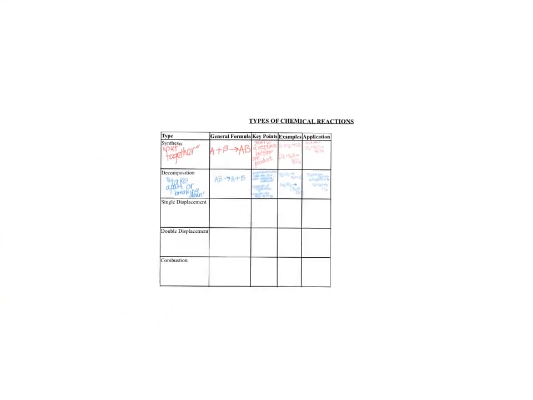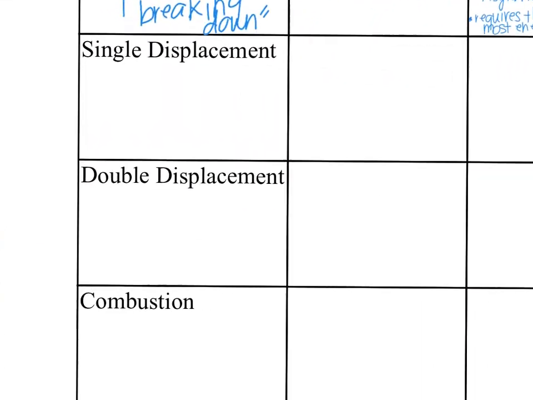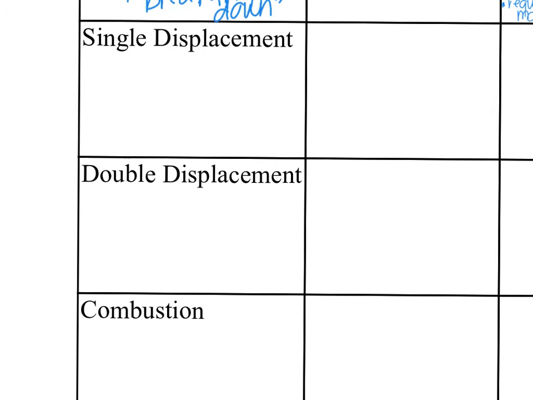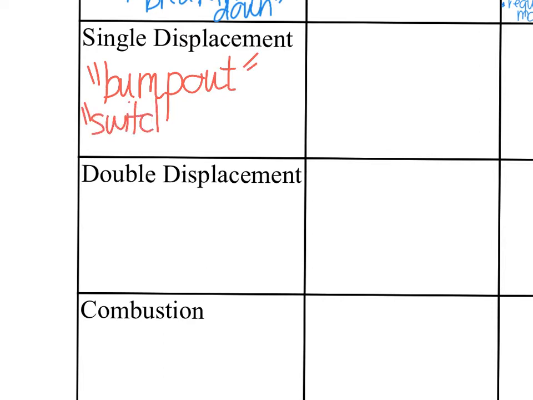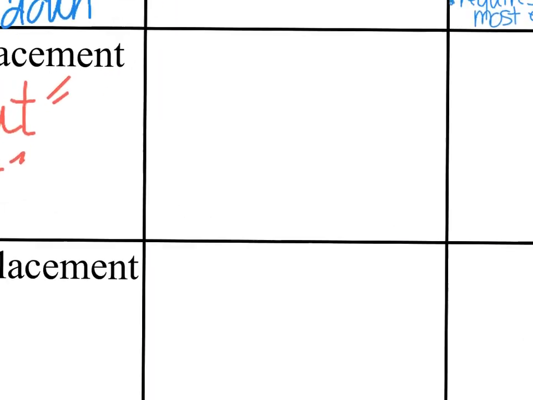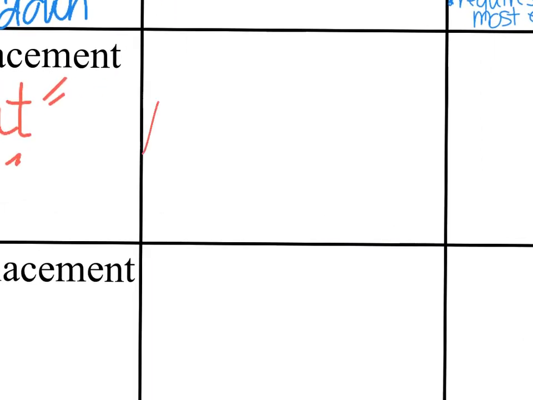Okay. Let's move on to the next one, which is single displacement. To single displace means you bump out or switch out. So what's our general formula for this when using the A, B? We're going to actually introduce a C now. So let's say you have A plus BC. So one element here and then a compound here.